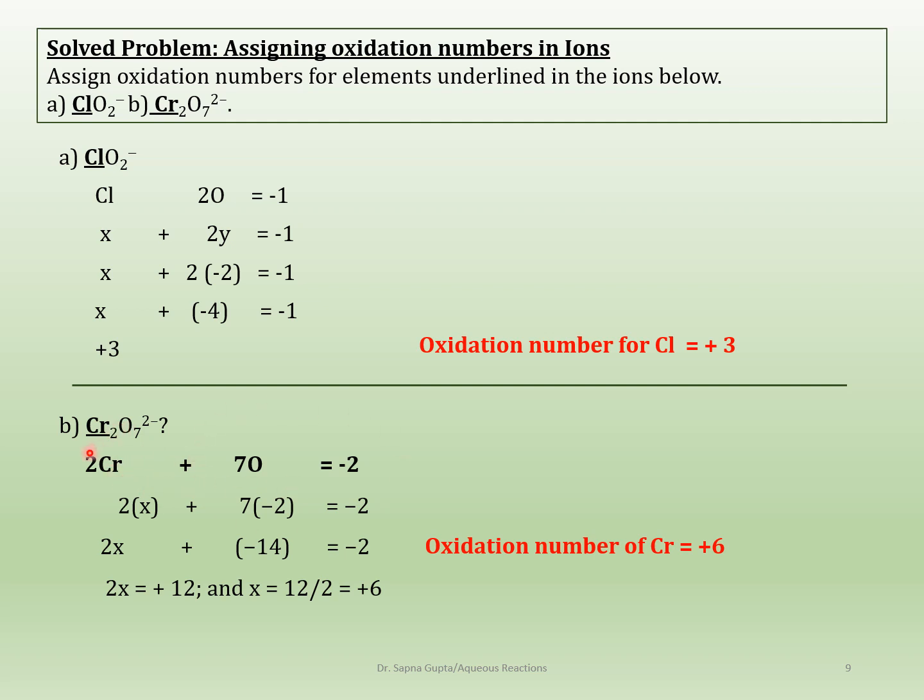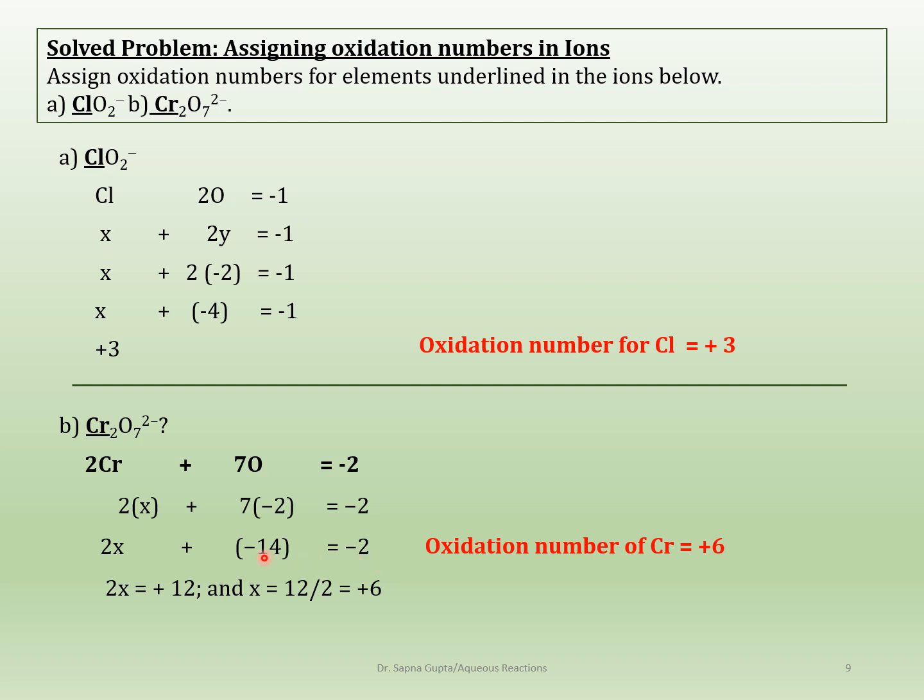Okay. All right, so Cr2O7. So now we have 2 Cr, and then we have 7 oxygen. All of this should be equal to -2. So we don't know chromium, right? That's what we're trying to find out. So that's 2X, and then we have the 7 and then -2 for oxygen. Okay, so that should be equal to -2. 2X plus, and then -14 is equal to -2.